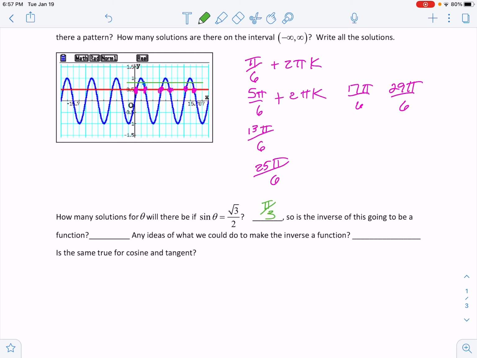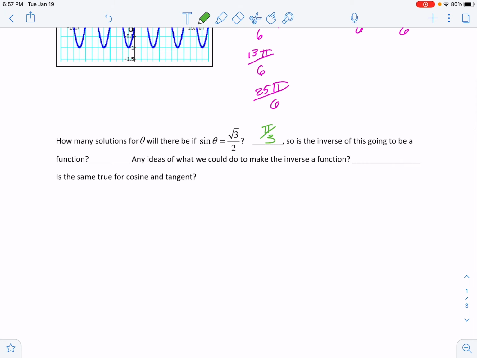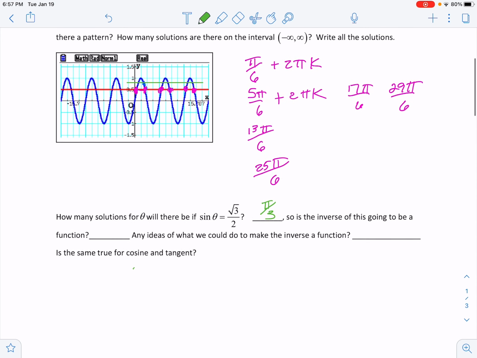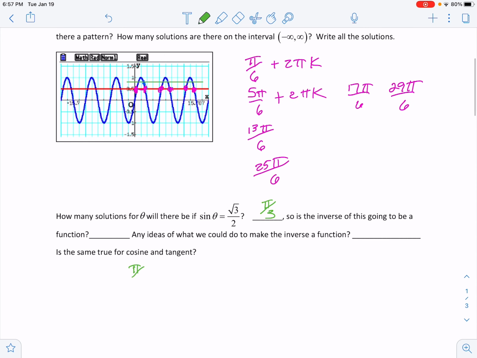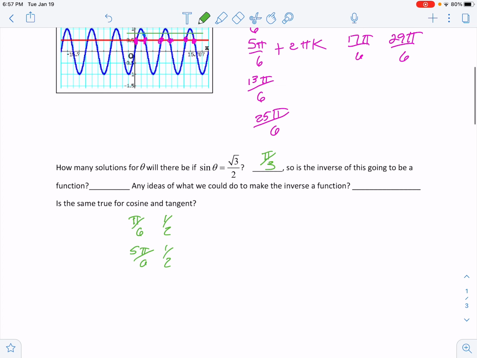And they want to know, is the inverse going to be a function? Well, remember when you have ordered pairs. The function was the sine of x, and you plug in pi over 6 and you get a half, you plug in 5 pi over 6 and you get a half, and you plug in 13 pi over 6 and you get a half.